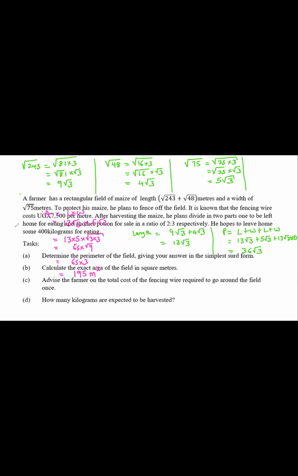You get 36 root 3, times 7,500, and you get 467,653.718. That's it, teacher.